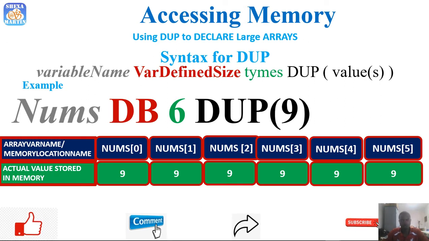You define the size of your variable, then you state the number of times you want the value to be duplicated, and then you say dup and tell us the value to be duplicated. Then it happens that way.